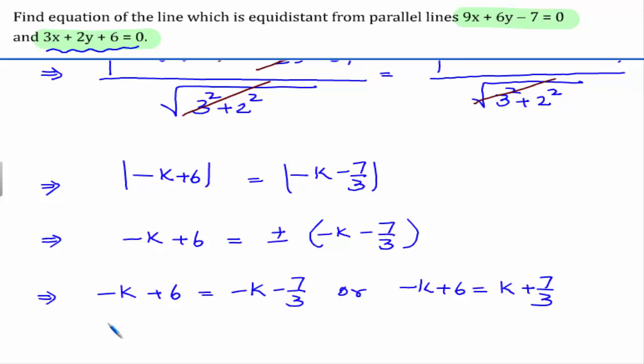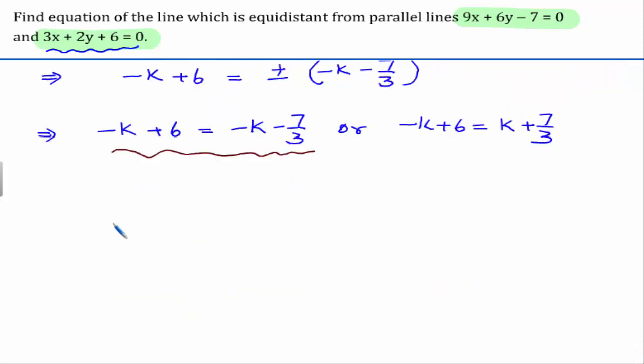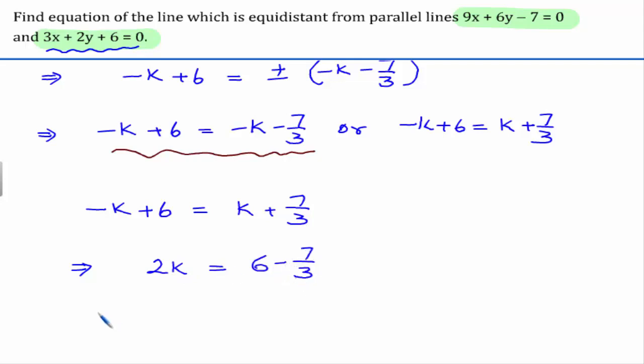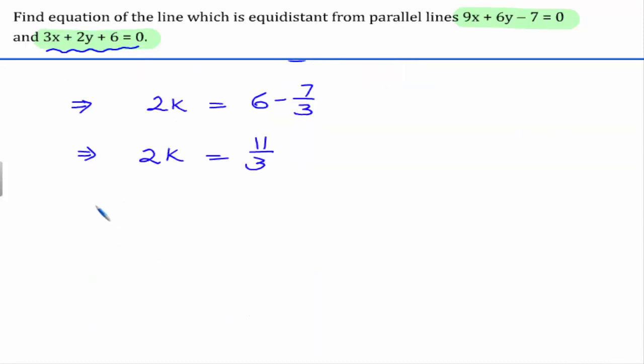Here this case is not possible because both sides it is minus k. Now let us take the second case, which is minus k plus 6 is equal to k plus 7 by 3. Here we get 2k is equal to 6 minus 7 by 3. Here we get 2k is equal to 11 by 3. So the k value is 11 by 6.